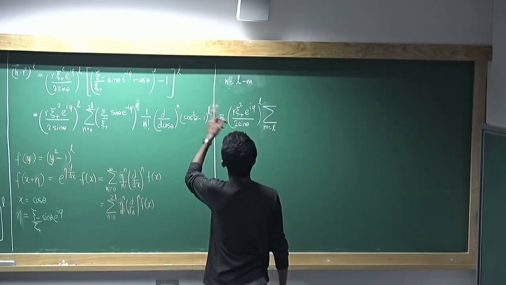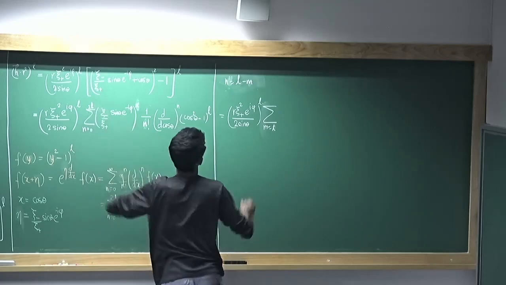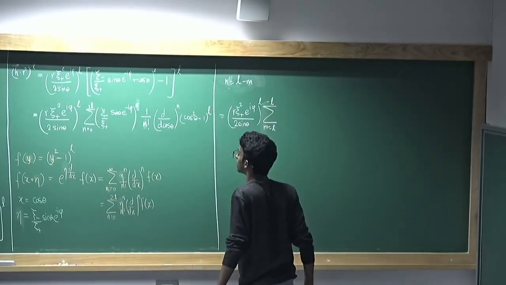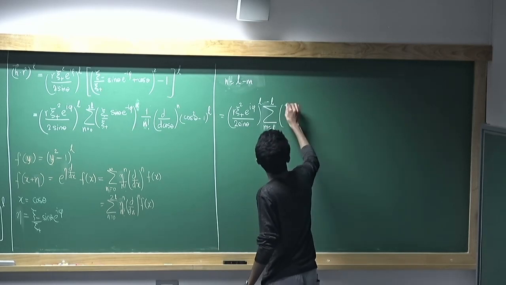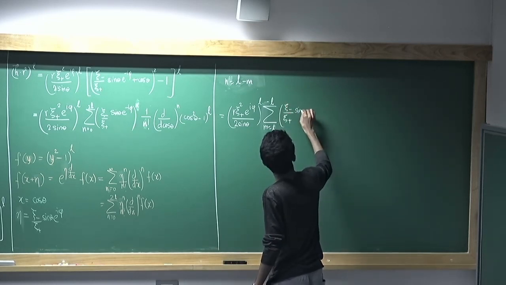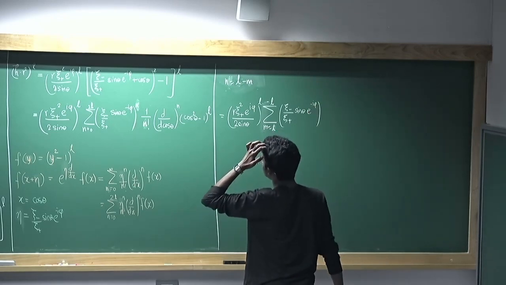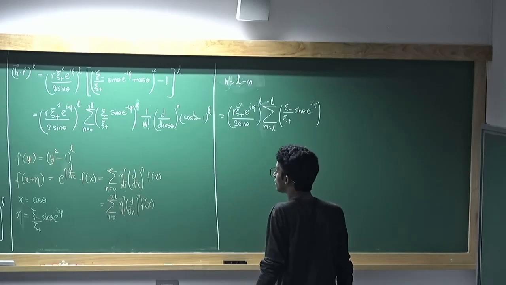Which means m is L minus n. So here it's L, here it's minus L. Okay. And xi minus over xi plus sine theta e to the minus i phi. That's right. Yes, indeed.